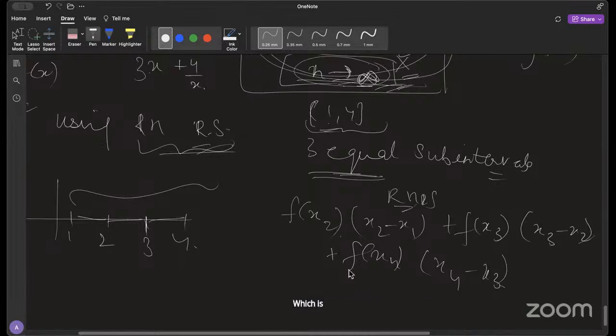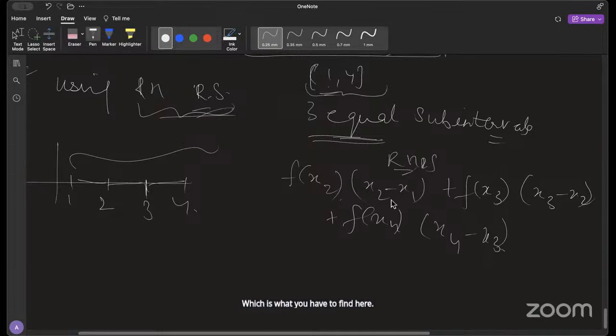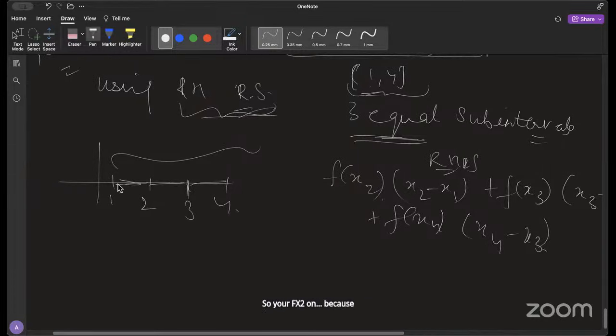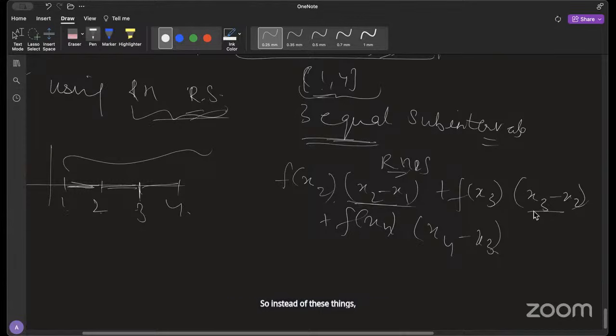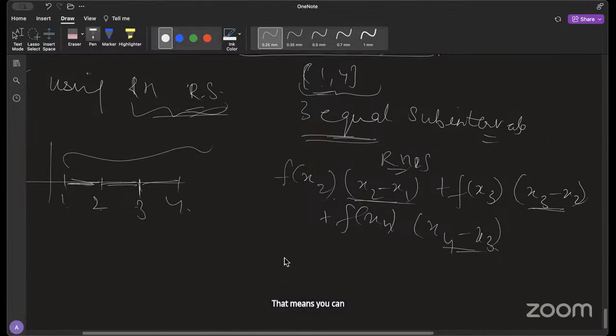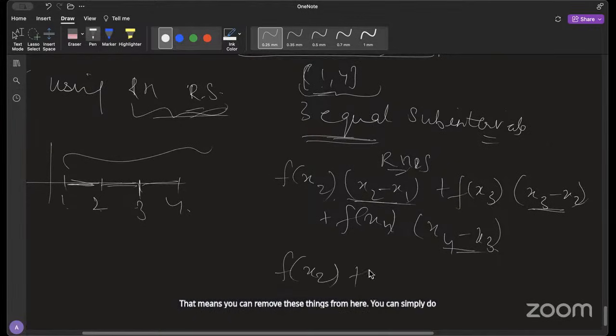This is what you have to find here. Because the length of each subinterval is 1 only, 2 minus 1 is 1, 3 minus 2 is also 1, instead of these things you can just write 1. That means you can remove these from here. You can simply do f(x2), f(x3), and f(x4).